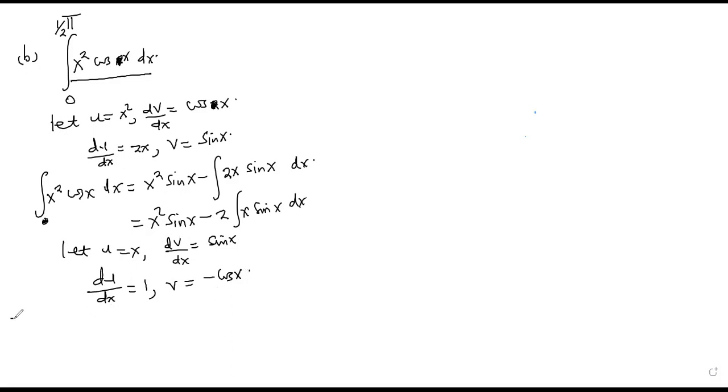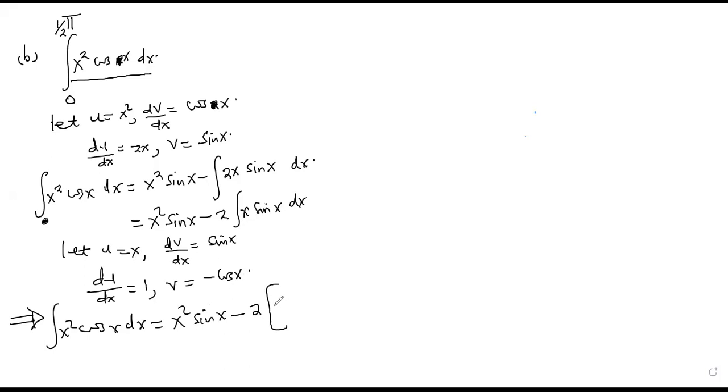Now, it implies that the whole integral of x squared cos x dx is going to be x squared sine x minus 2 into, now I work on this. It's uv, of which u is x, v is negative cos x.